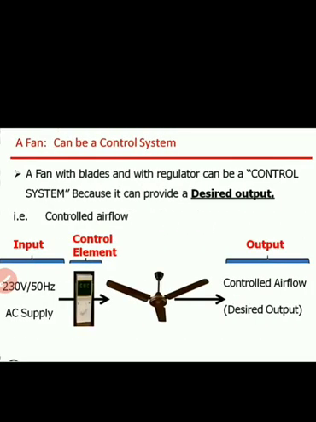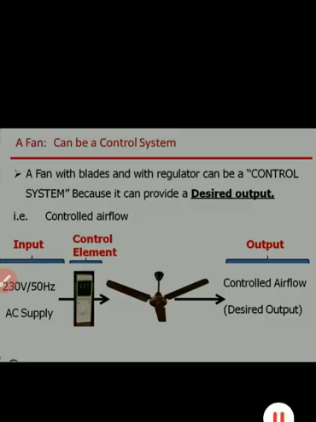For a fan with control system, it is necessary that we can regulate. A fan with blade and with regulator can be a control system because it can provide a desired output.